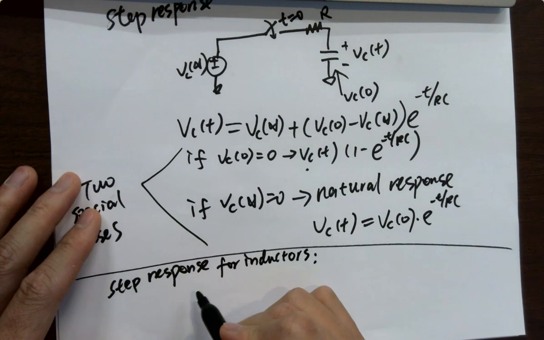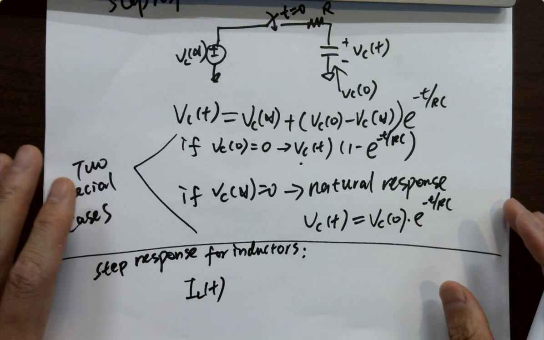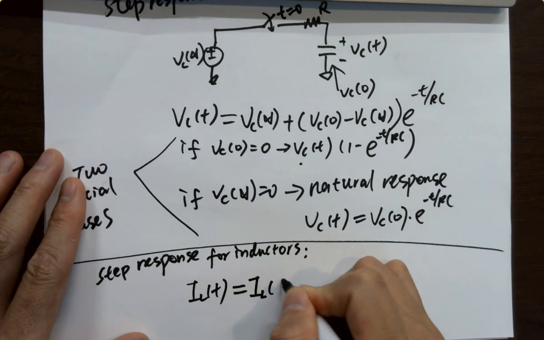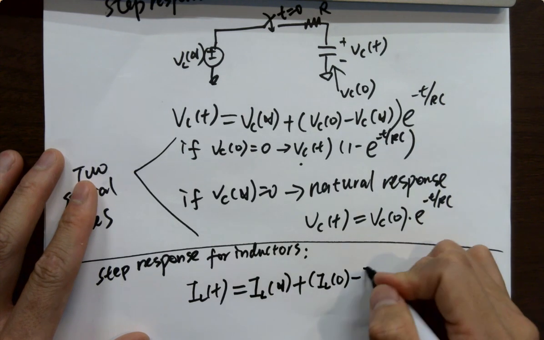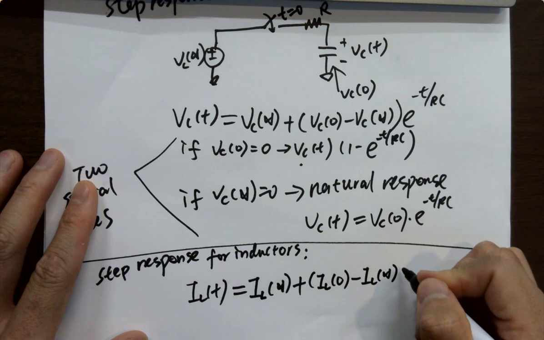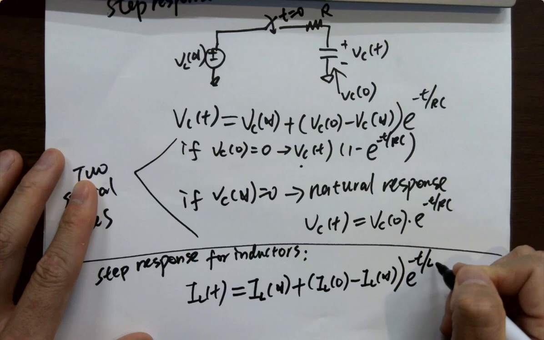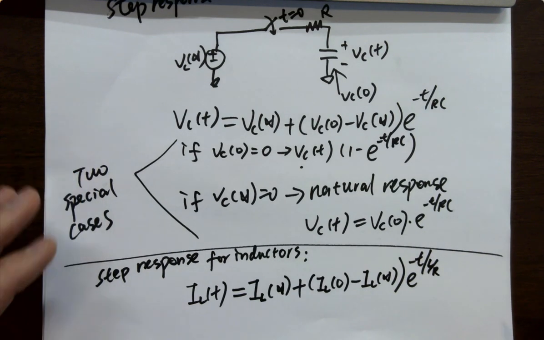So IL(t) equals what? IL infinity plus IL0 minus IL infinity, times e to the minus t over L over R, right? Okay.